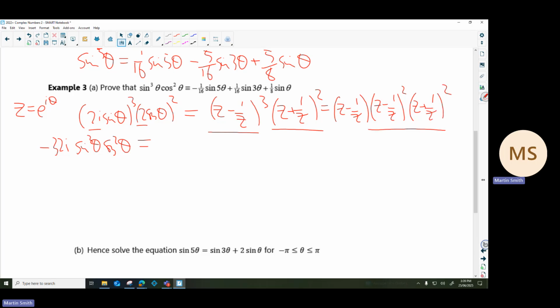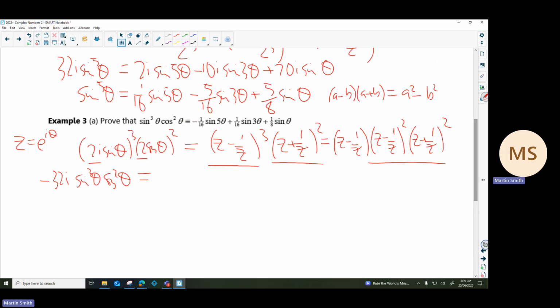Now those two there are the squares of a minus b times a plus b. And we know that a minus b times a plus b is the same as a squared minus b squared. So consequently, a minus b squared times a plus b squared will be a squared minus b squared, squared. And I can use that on those terms. It makes the algebra a little bit nicer, otherwise it gets a bit messy.